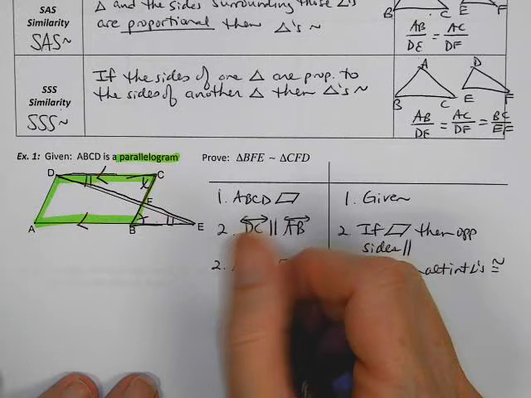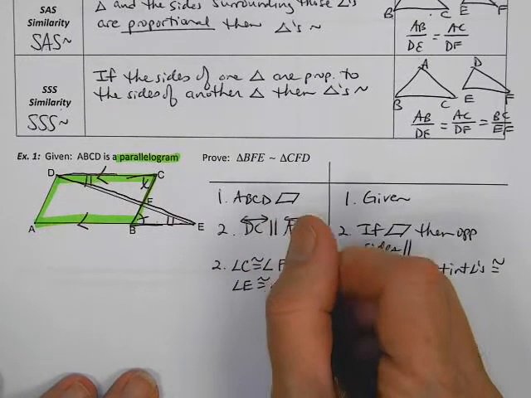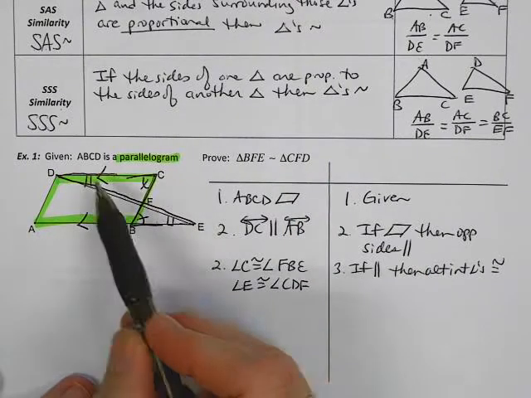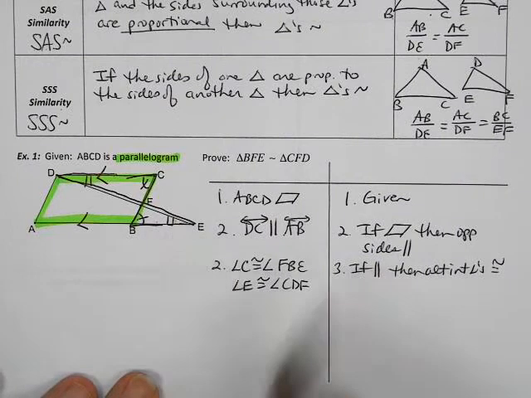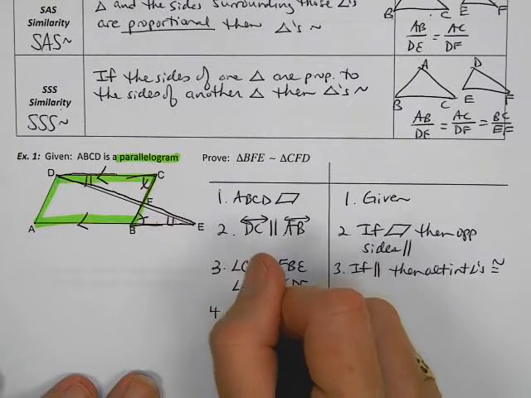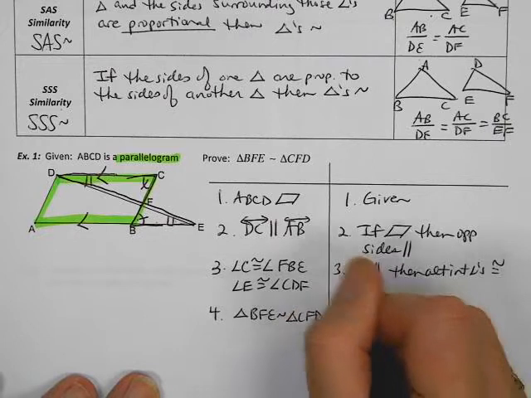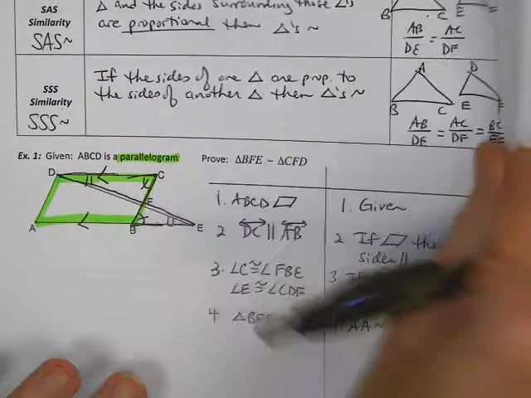That would be the same reason, so I could say angle E is congruent to angle CDF. Those are also alternate interiors, but now I have two angles in one triangle that match two angles in another triangle. That is enough by the above to say that they are similar. So triangle BFE is similar to triangle CFD by angle-angle similarity. So in some ways it's going to be a little quicker than congruence because you're looking for fewer pieces. Let's try a few more.